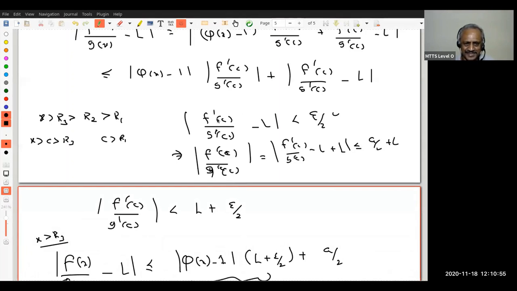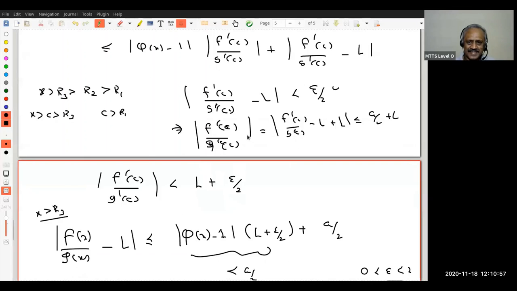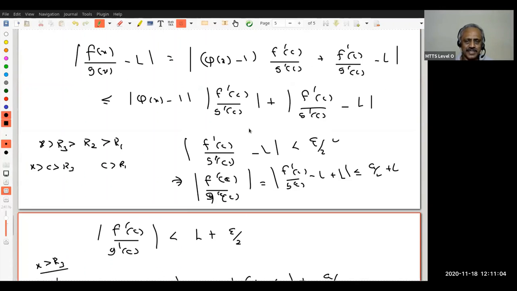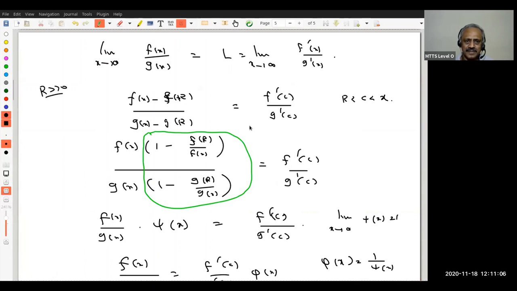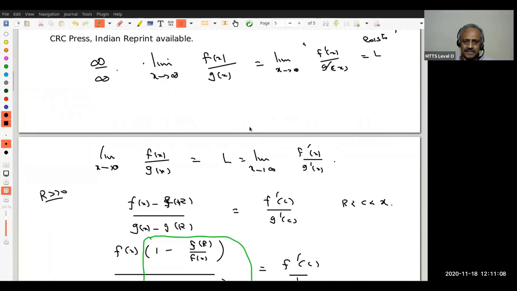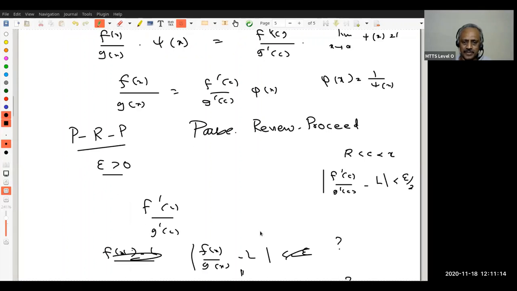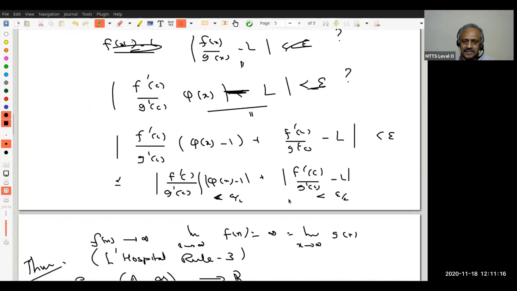But that doesn't give you the confidence that you can work out the proof by yourself. You see how I did? I simply started with this, and it showed me I can do it. This also I explained how I will do. Whatever we did, we explained in terms of epsilon and R1, R2, R3, R4.